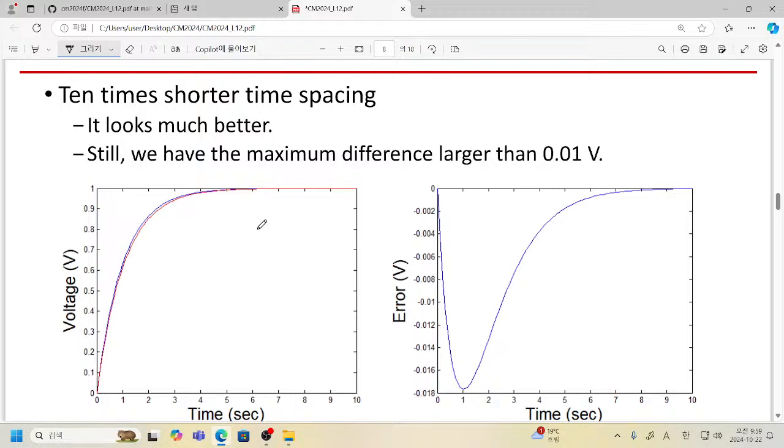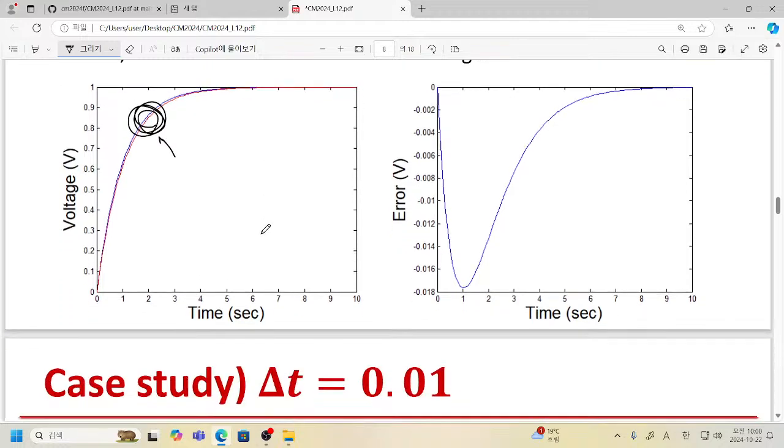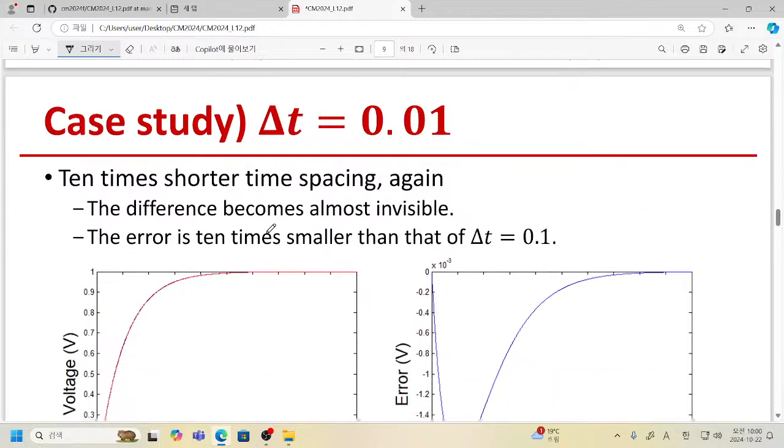So how do you feel? Well, the first feeling is, okay, the error seems to be quite small compared to before. However, at the same time, now you can see that even though we have reduced delta t 10 times, there is still a small difference. And how about an even 10 times smaller delta t?